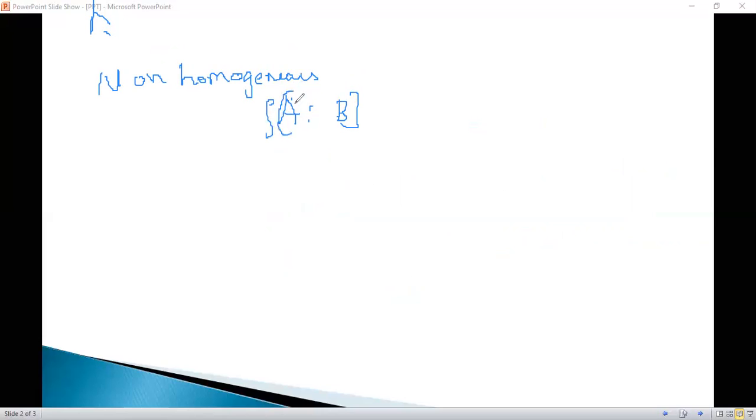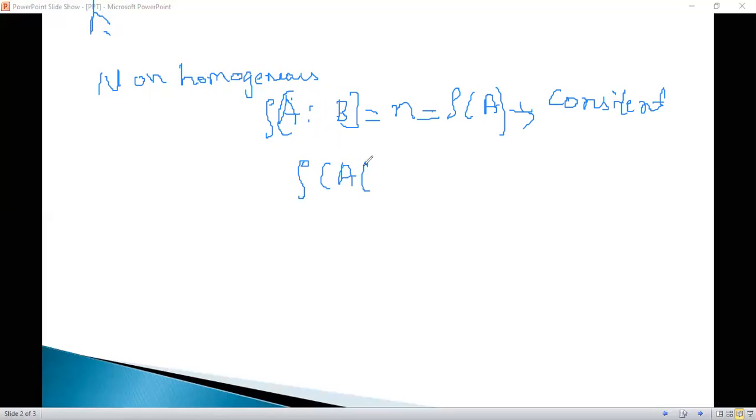If the rank of the augmented matrix equals the rank of the coefficient matrix A, then the given system of linear equations will be consistent. If the rank of the augmented matrix [A|B] is not equal to the rank of A, then it will be inconsistent.